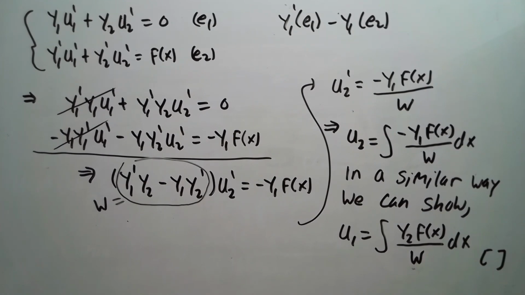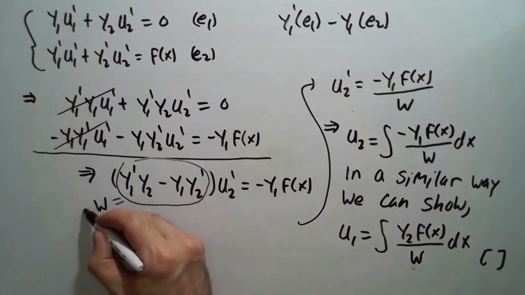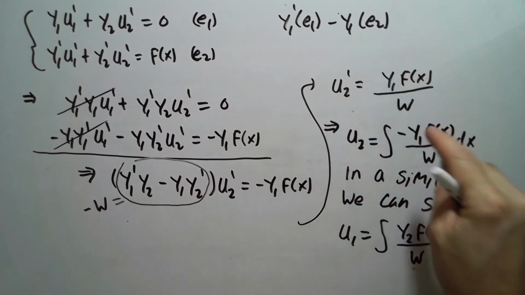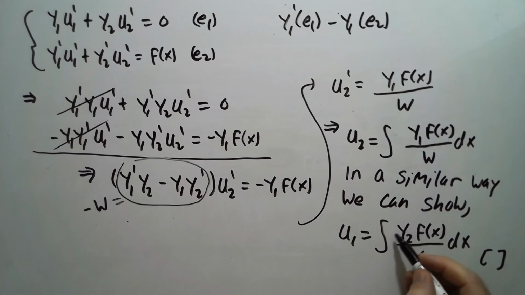I'm off by a minus sign. This is actually not the Wronskian, it's the minus Wronskian here, which would then take away that minus sign, and in a similar way, we can show then that u1 would equal the integral of negative y2 f over W dx. So you just eliminate the y2 prime and do a similar argument, and you get this.